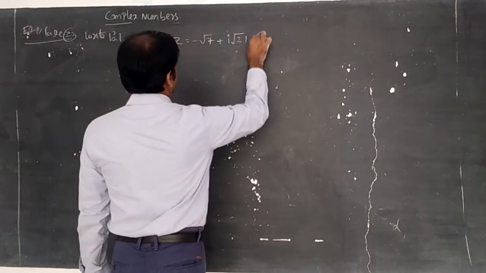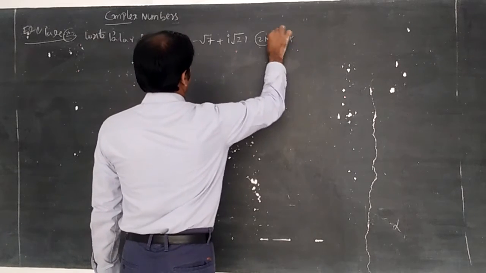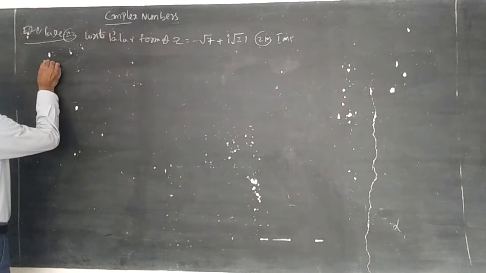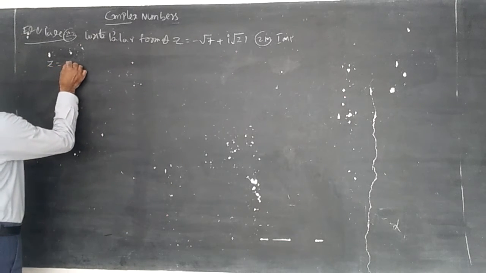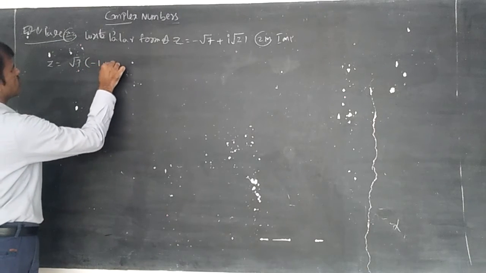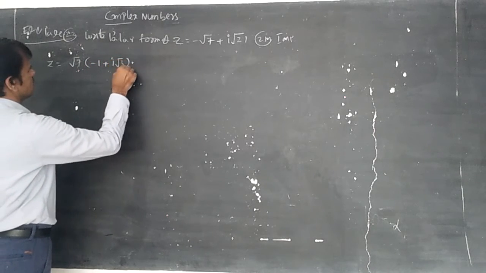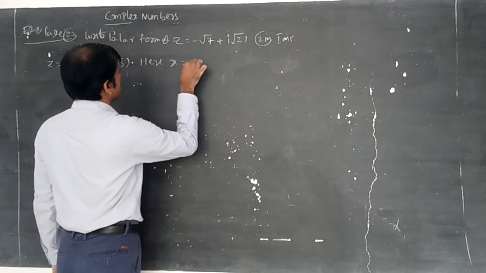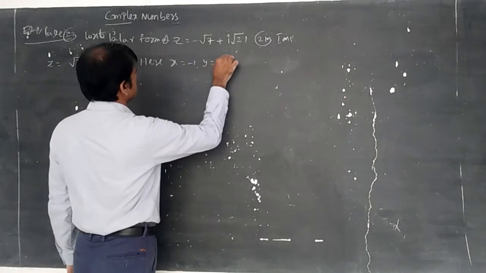This is 2 marks. Take minus root 7 common. It becomes minus 1 plus i root 3. Here you can understand x is equal to minus 1, y is equal to root 3.